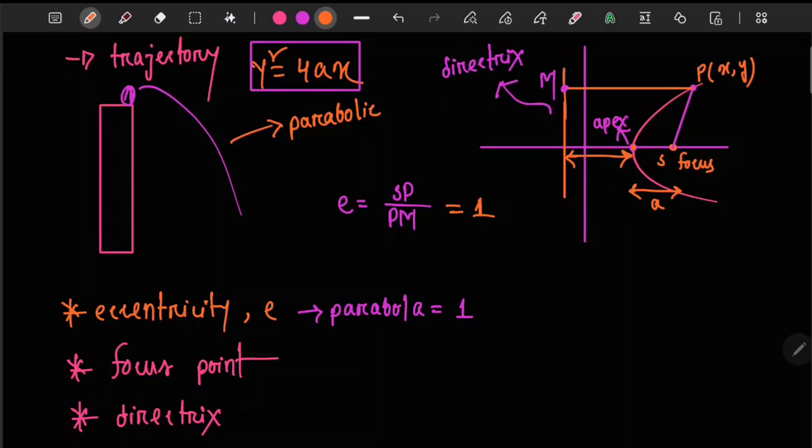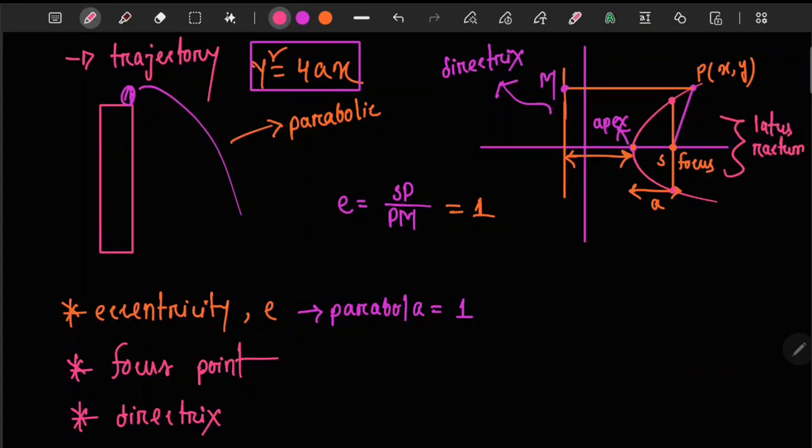There are certain more things in a parabola. For example, if you draw a perpendicular line going through the focus and connecting both the upper part and lower part of the parabola, what you get is called the latus rectum.